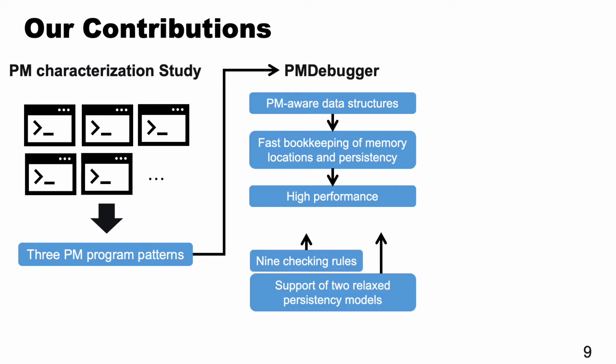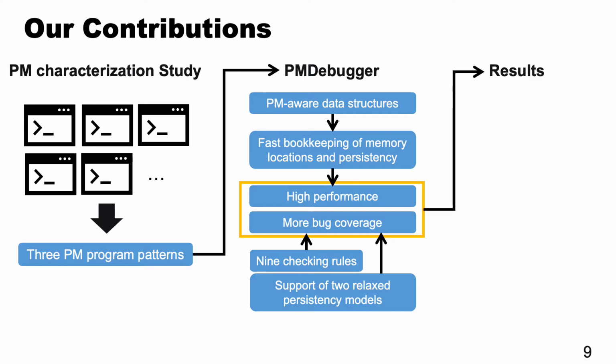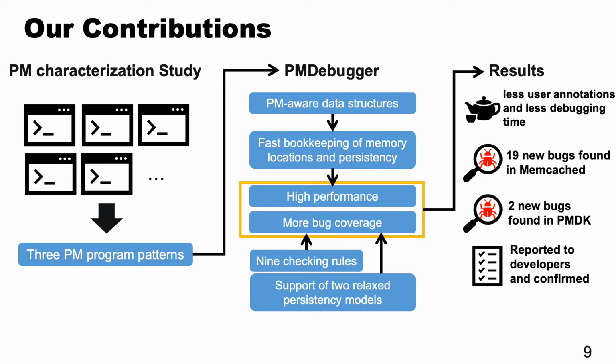In addition, PMDebugger defines 9 checking rules and supports 2 relaxed persistency models, so it supplies more bug coverage. As a result, PMDebugger requires fewer user annotations and less debugging time. PMDebugger found 19 new bugs in memcached and 2 new bugs in PMDK. All bugs are reported to developers, and developers confirm them.